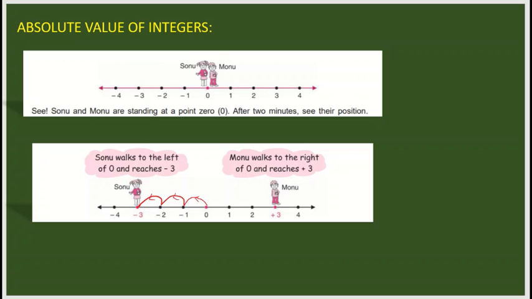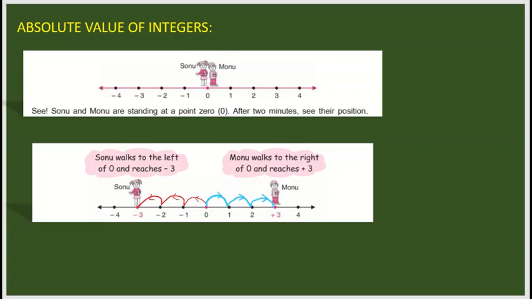In the case of Monu also, how much distance did he move away from 0? That is 1, 2 and 3 units. So both of them moved away from 0 by the same units. The distance that Sonu covered is 3 units, and Monu also 3 units.